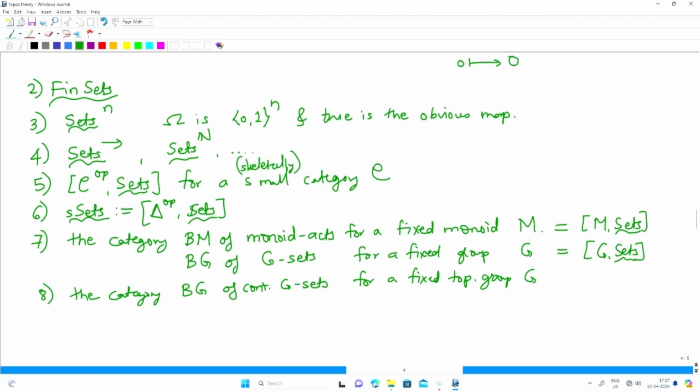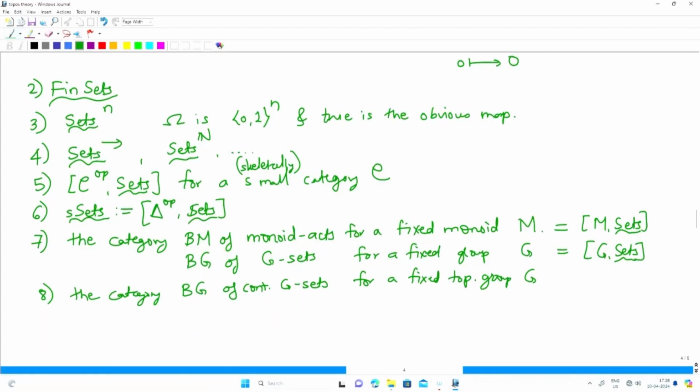That the action map G cross X to X is continuous with respect to the given topology on G and the discrete topology on X. The multiplication and inverse operations on G are automatically continuous as part of the definition, but on X you equip it with the discrete topology. That's the only thing you can do.